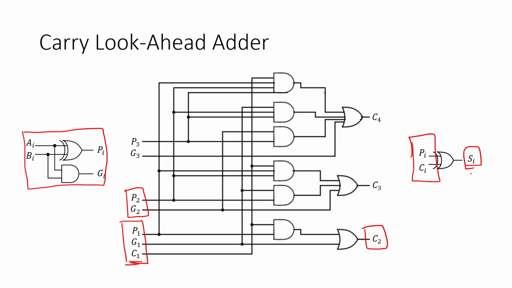This is the ith result bit, ith sum bit, and this is the final carry out for this particular circuit, which is actually a 3-bit addition. This is a 3-bit carry look ahead adder.